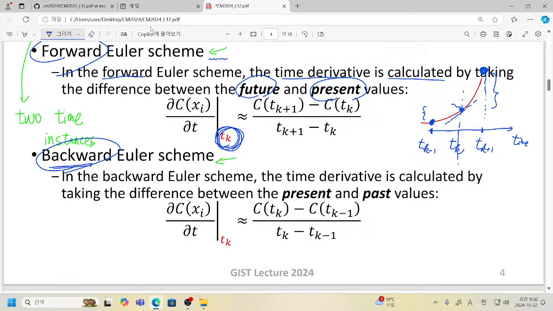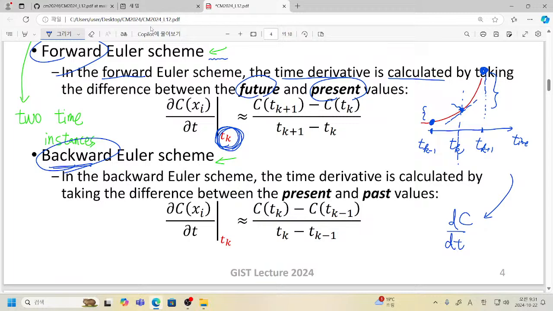However, if we don't consider this numerical implementation, if we just consider some analytic way, then if our calculation is correct, the value calculated from this Forward Euler method or backward Euler method should be identical.